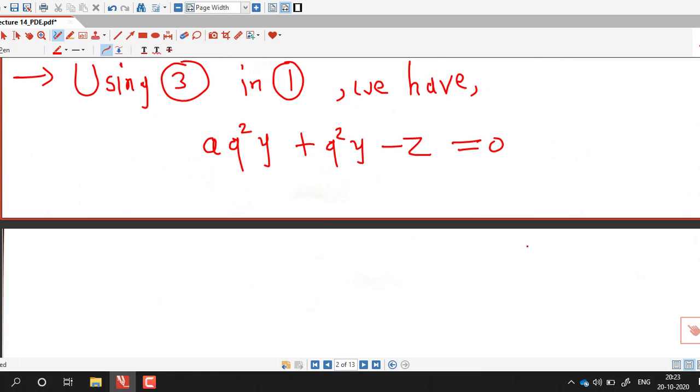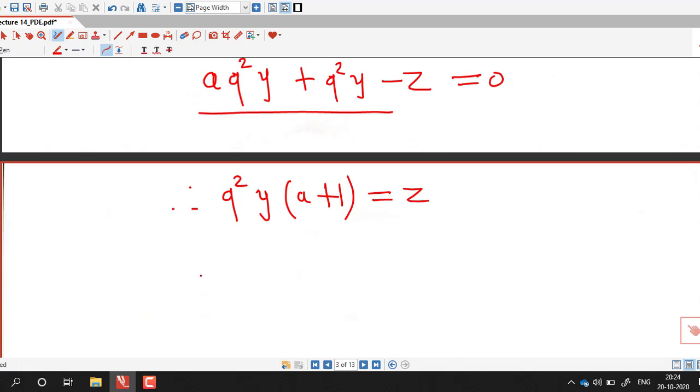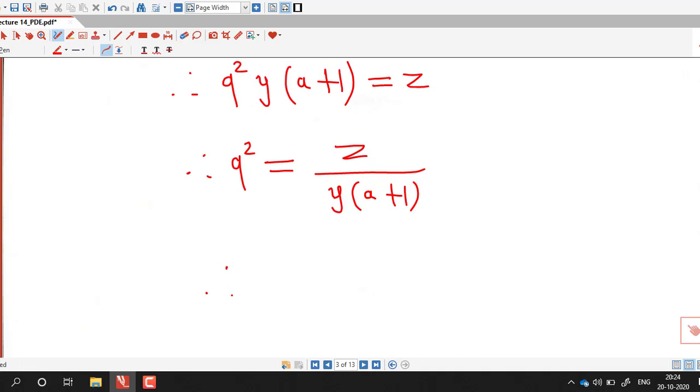So from this we can obtain the value of small q. Here we take q square common from these two terms, or we can take q square y common. So we have a plus 1, and this z I take on the right hand side. So finally I obtain q square equal to z divided by y into a plus 1, and therefore q is the square root of z divided by y into a plus 1.